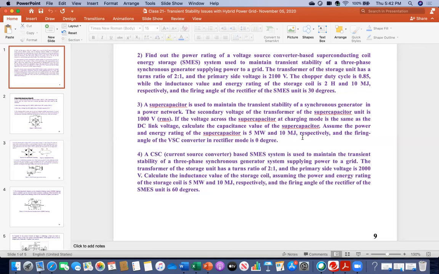And then Vm is the peak value or the magnitude. So the voltage 1000 will be multiplied by root 2. So Vm will be root 2 multiplied by 1000. So 3 Vm over pi cosine alpha, and alpha is 0 degree.